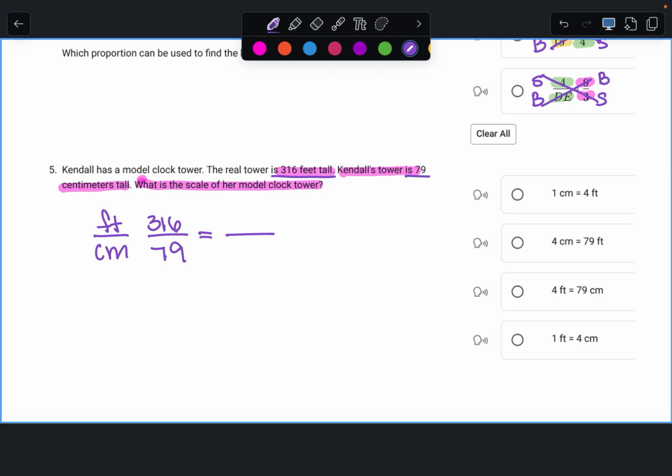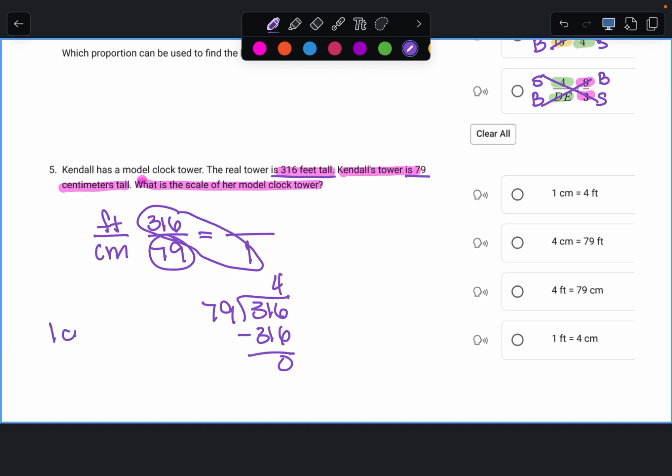I want to know what the scale model is, so I want to know what 1 centimeter represents. So then I would cross multiply and divide. So 1 centimeter represents 4 feet. So the answer would be this first one.